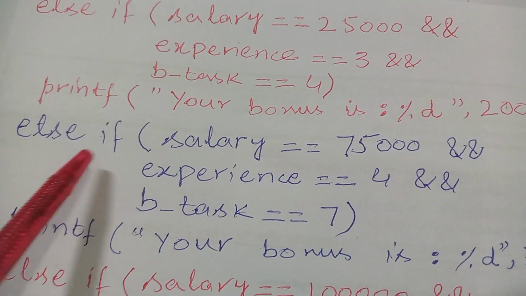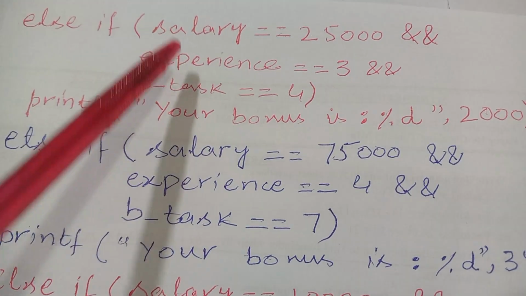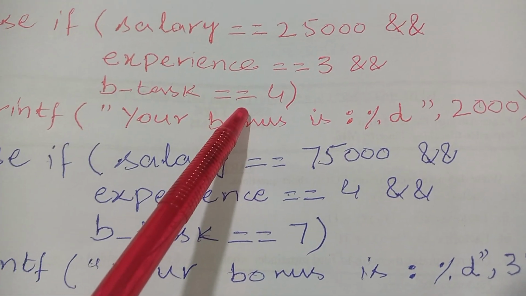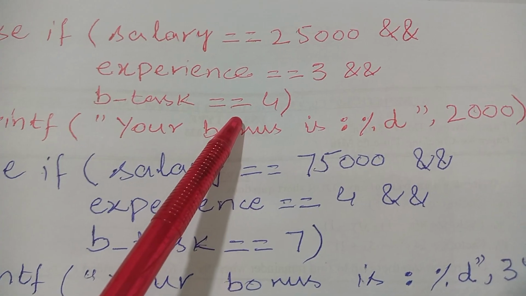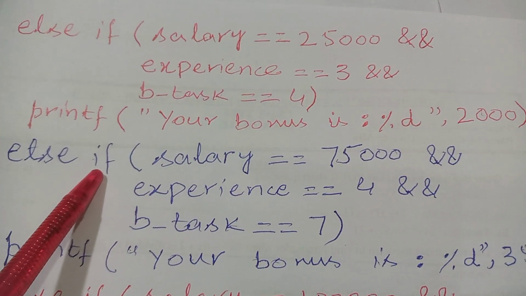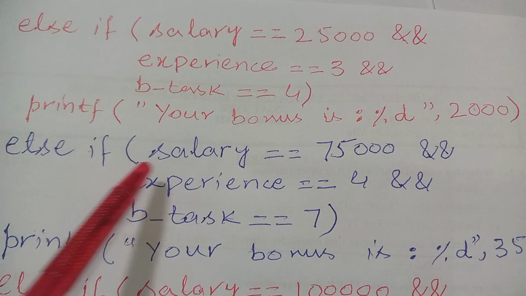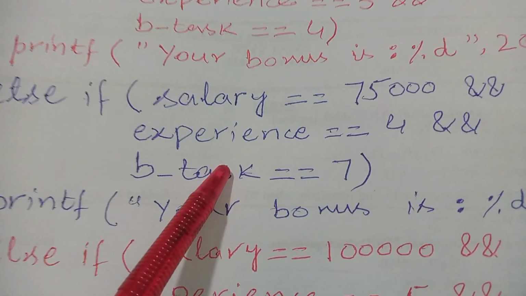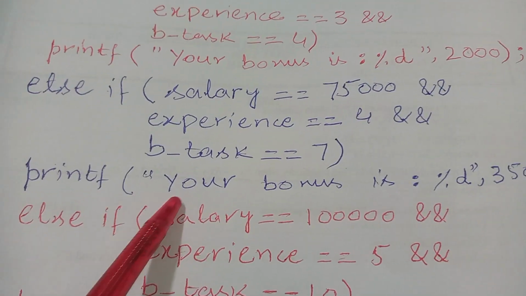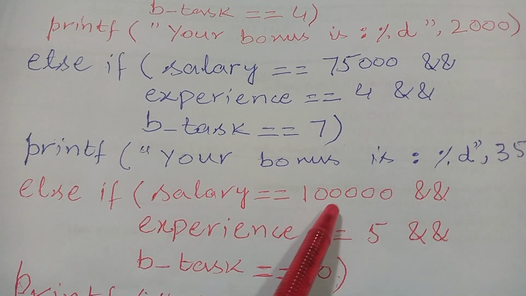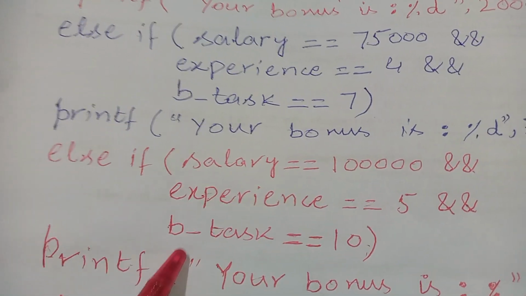Else, if any one of these sub expressions is not true, then the next expression will be checked. Salary equals 75,000, experience equals 4, and bonus task equals 7. Then print your bonus is 3,500. Else if salary equal to 1 lakh, experience equal to 5, bonus task equal to 7.